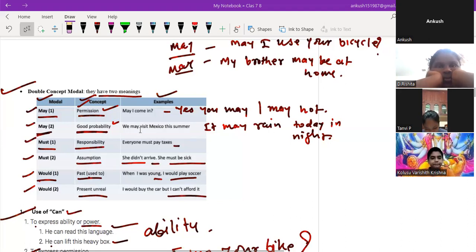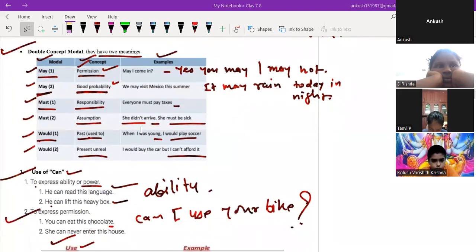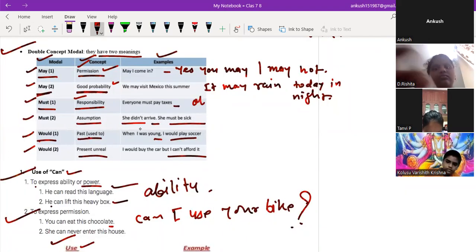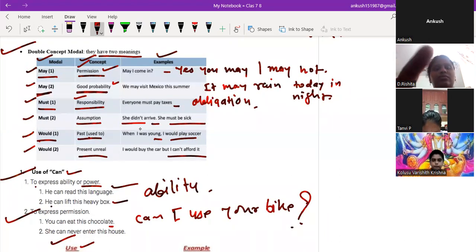Now the second is must. Tanvi, please. We are about to learn about must. Why is this used for two concepts? Must is for responsibility. It is also called obligation, meaning you are obliged to do that.